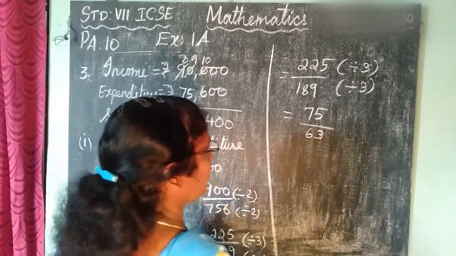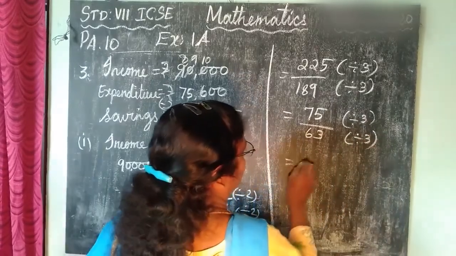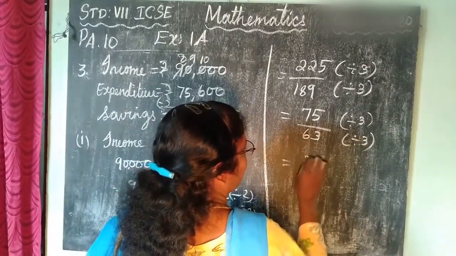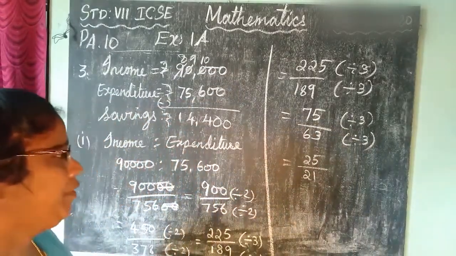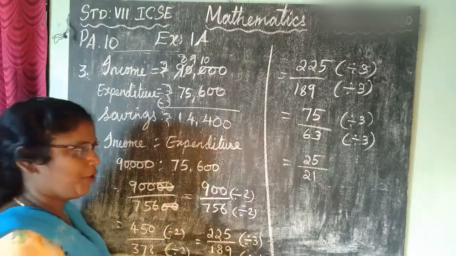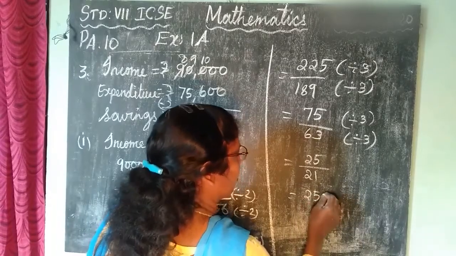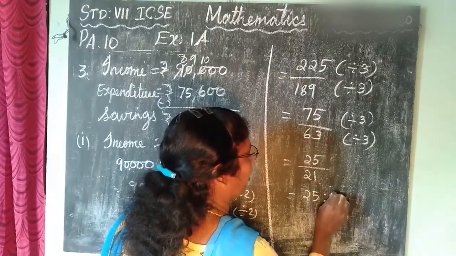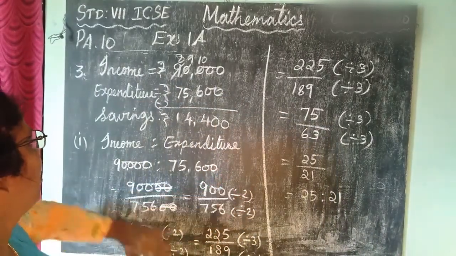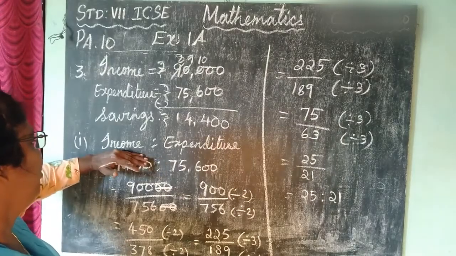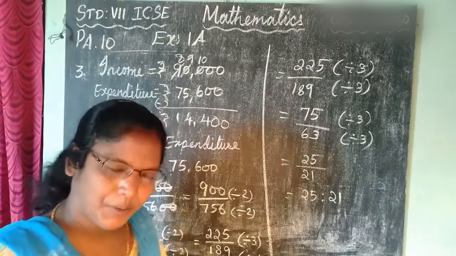Again it can be divided by 3. So that is here 25 3s are 75. Here 21. Are we having any common factor between 25 and 21? No, we don't have any common. So I am taking it as the answer. I am writing 25 is to 21. So the simplest form of the ratio between income and expenditure is 25 is to 21.